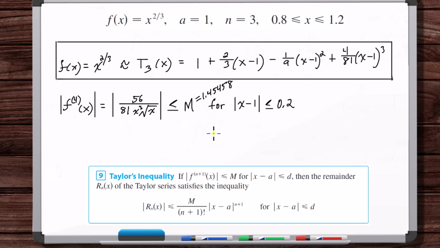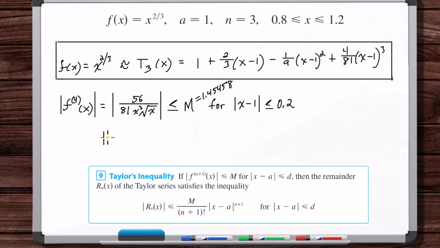That's capital M, right? As far as the absolute value of this, it doesn't matter. On this interval, we're never going to get a negative value anyway, so we could have just removed the absolute value once we specified the interval. Okay, so we've got capital M.